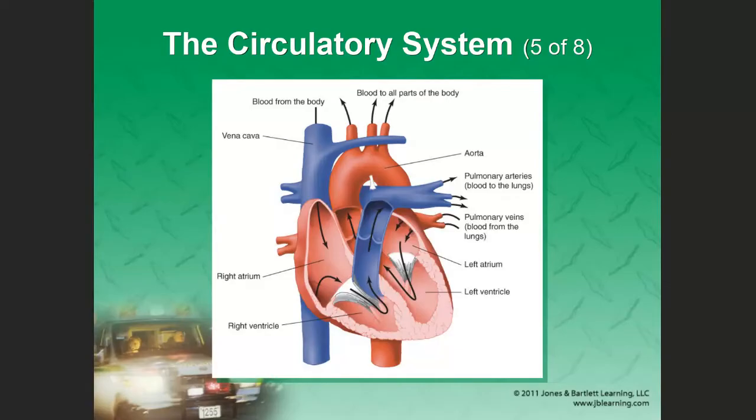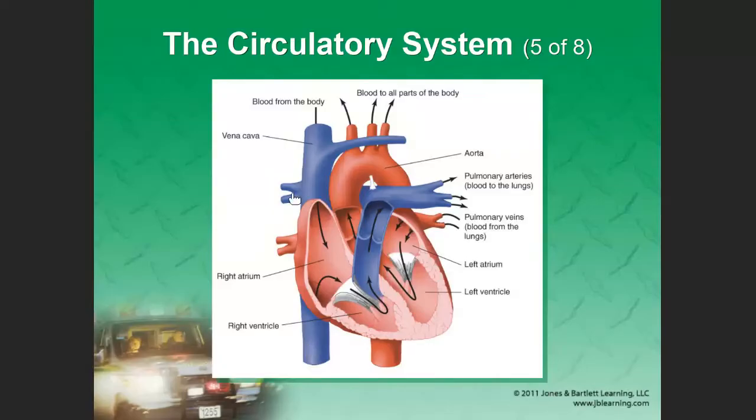All right, so in this diagram, the blue vessels are the veins, the red vessels are the arteries, right? And basically what happens is deoxygenated blood from the upper portion of the body and the lower portion of the body will travel via the vena cava, which has a superior and inferior portion.